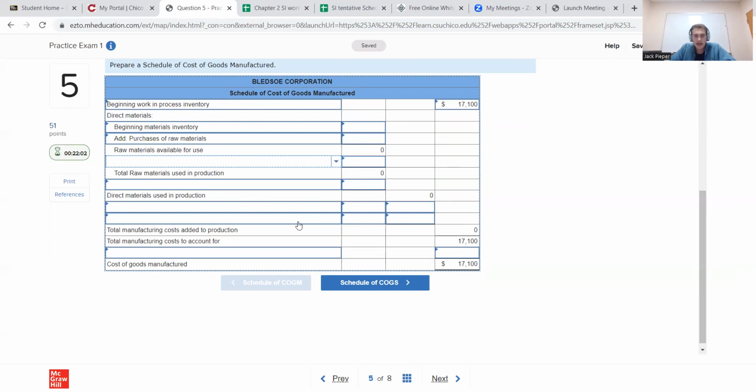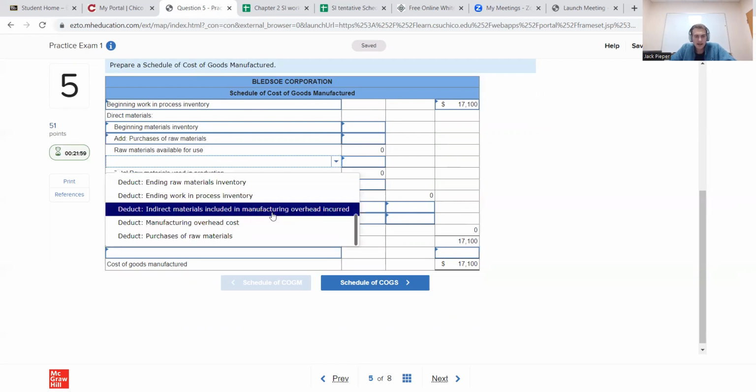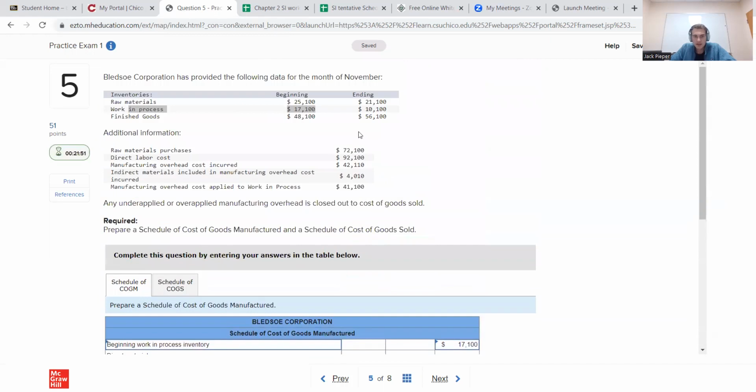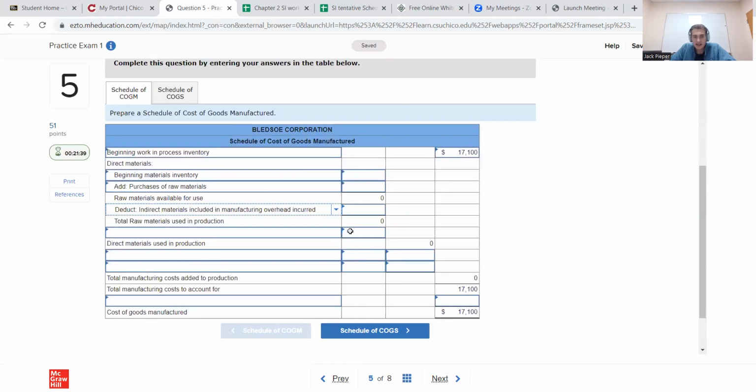Now we're going to subtract our indirect materials included in the manufacturing overhead, because we can't double count our costs, because the indirect materials that we incurred right here go into the manufacturing overhead applied, as I showed you before. So that cost needs to be deducted.